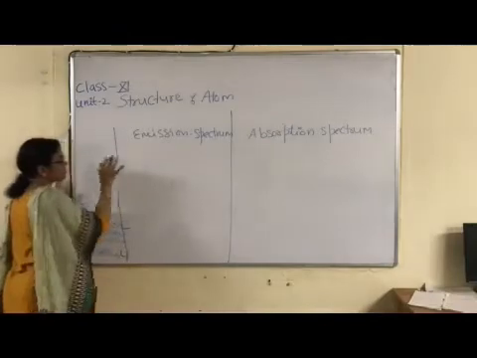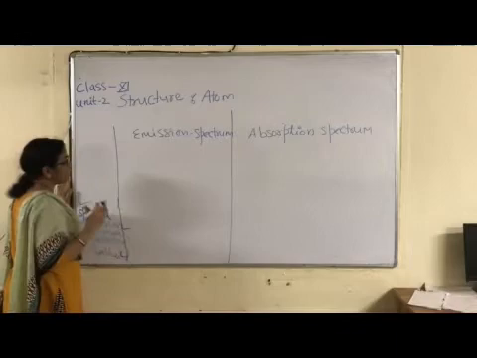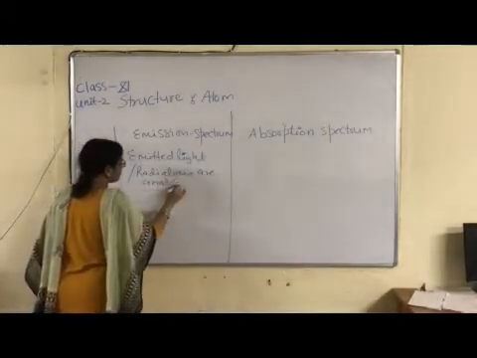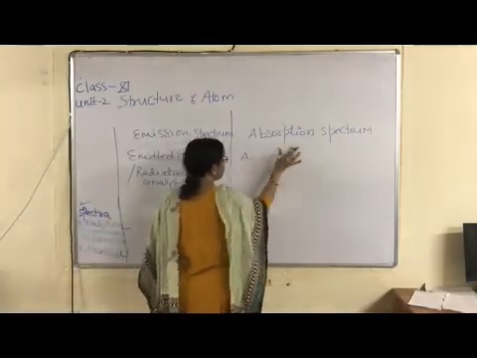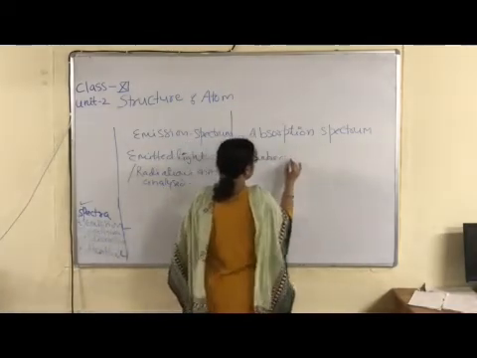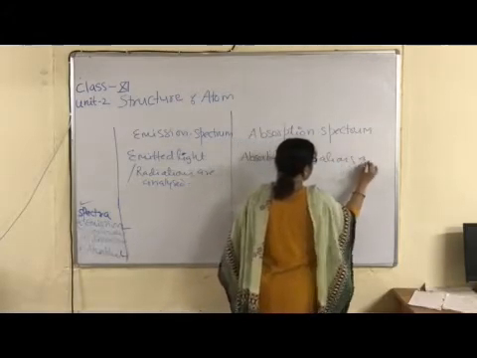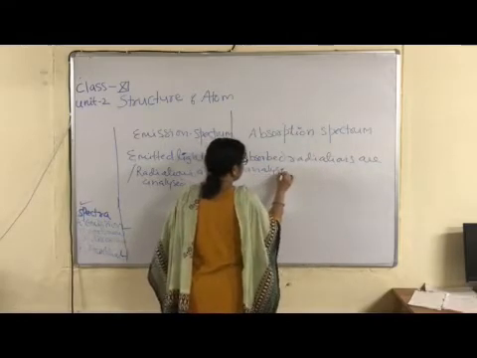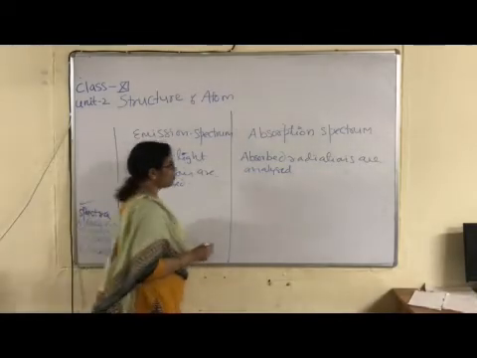Emission means when emitted radiations or emitted light is analyzed. In case of absorption, absorbed radiations are analyzed. The instrument used for this analysis is the spectrometer.